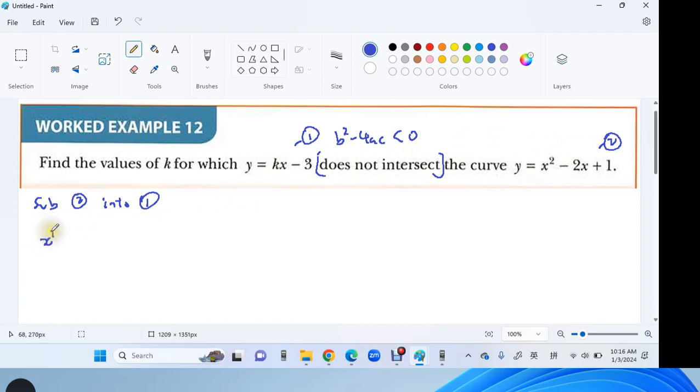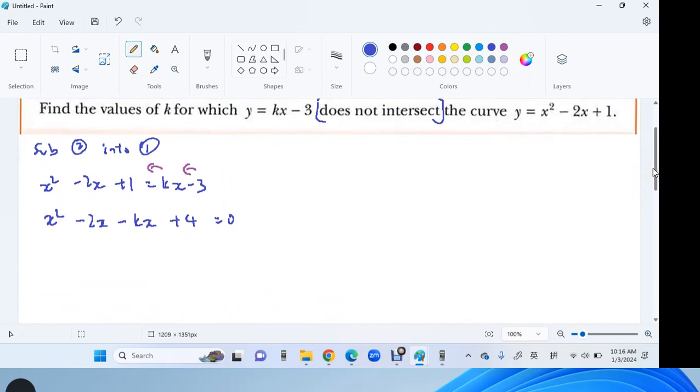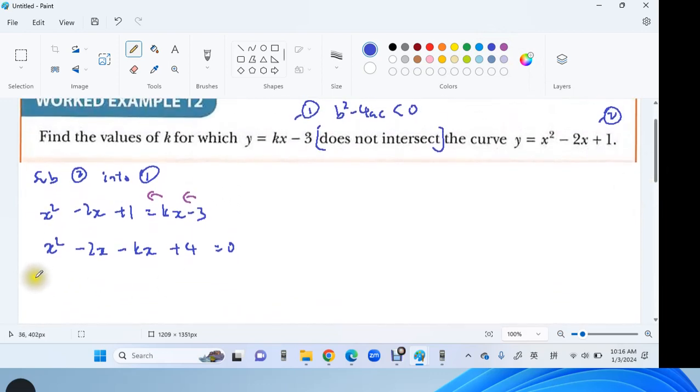So we have x square minus 2x plus 1 equal to kx minus 3. Then we have x square minus 2x minus kx plus 4 equal to 0, because the plus k moved becomes minus k, negative 3 becomes plus 3, 1 plus 3 becomes 4. So the a here is 1, b is negative 2 minus k, c is 4.